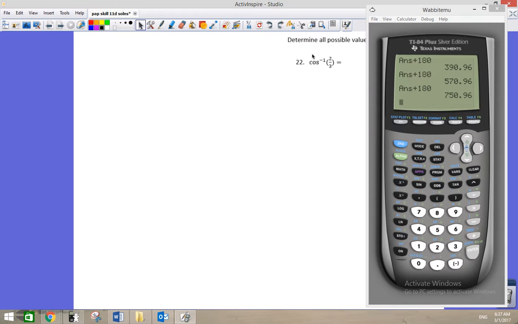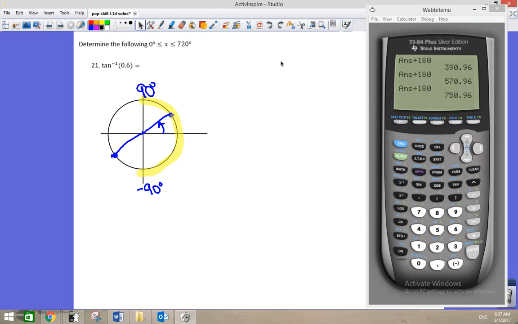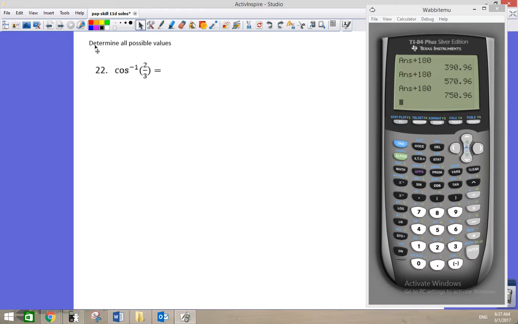All right, now here we can write the general solution. So let's grab this to use just as a reference. The inverse cosine. Remember, cosine is associated with the x-coordinate. If cosine is positive, then I know that that's occurring here in quadrants 1 and 4.